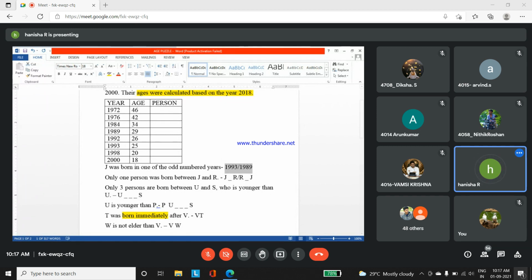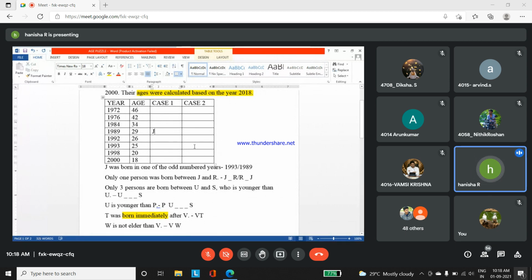So if you look at the first clue, you have two possibilities, 1993 and 1989. So I'm marking it down. I'm changing into case 1, and you have another case 2. In case 1 I'm going to mark it as J over here.